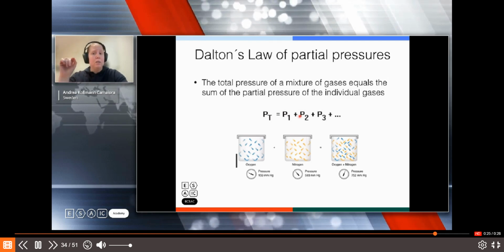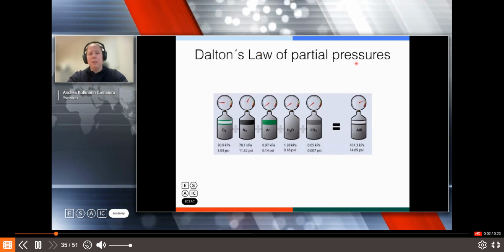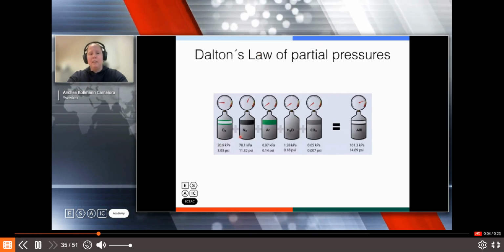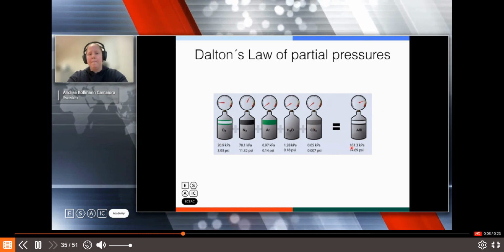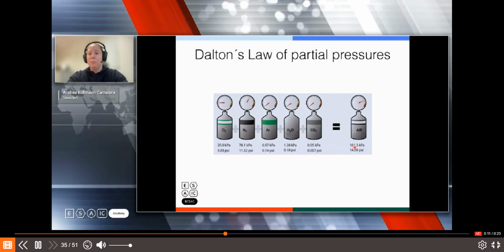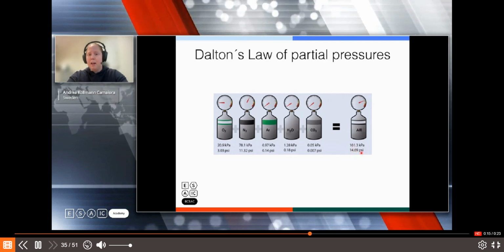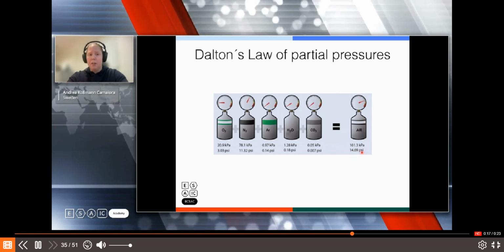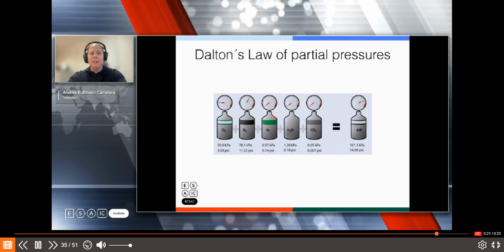The pressures are not multiplied, they're just added. So air, 101 kilopascals, we go back to the beginning of the lecture, or 14.69 psi, pressure equivalence, and this is the sum of the partial pressures in the mixture.